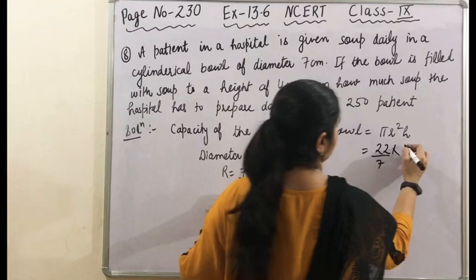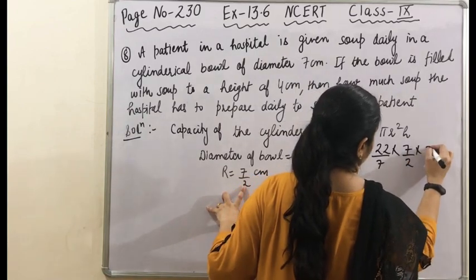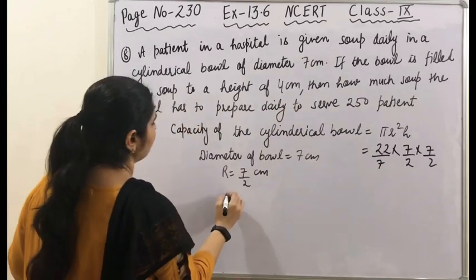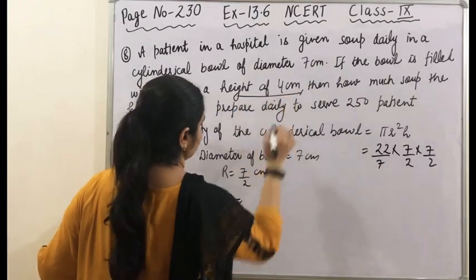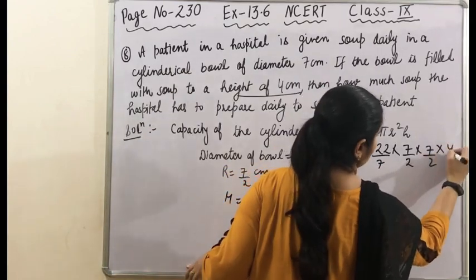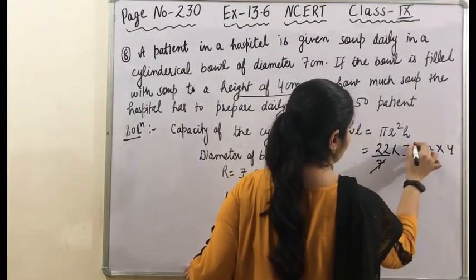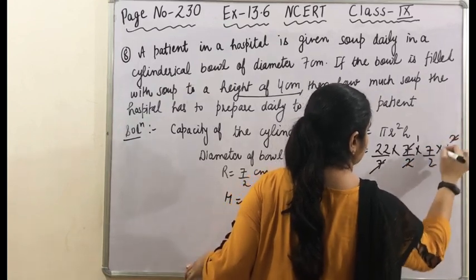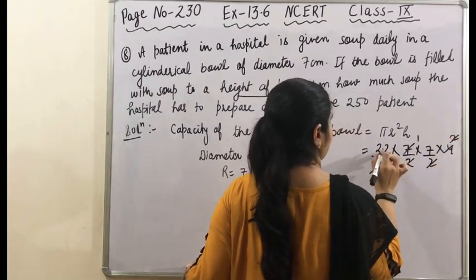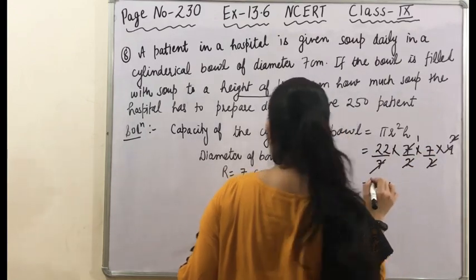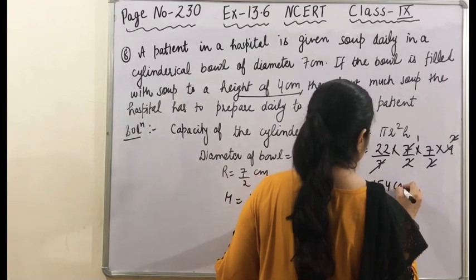Radius is 7 by 2 and height is given as 4 centimeter. We'll do the calculation work. 7 and 7 will be cancelled. 2 into 2, and 22 into 7 is 154, and the unit is centimeter cube.